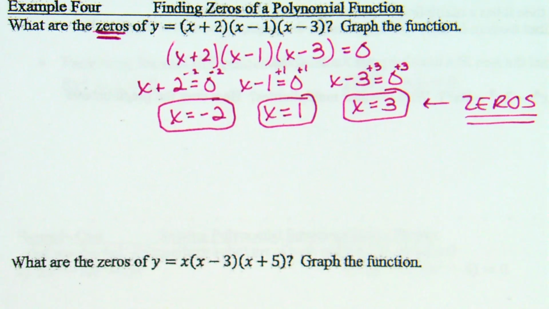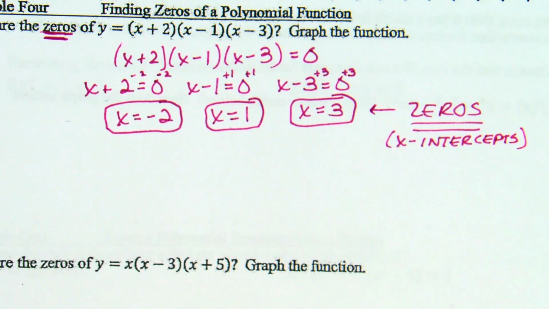So that means when we go to graph this, what also are these? When I go to sketch my graph here in a moment, these are also my x-intercepts, which will be good in drawing our graph. Okay?